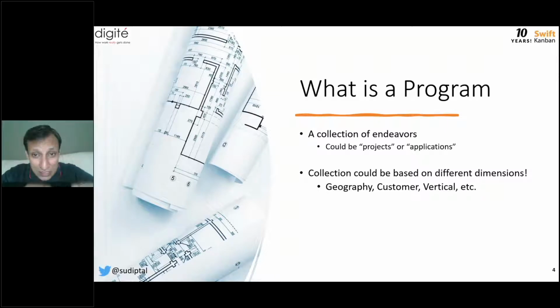And this collection could be based on any specific one or two or multiple dimensions. So you could be handling all the insurance programs across North America. That would mean that you handle all the insurance customers that you have in the North American geography, and that would be a program that goes across multiple dimensions. So a program is nothing but a collection of endeavors grouped together under one or more dimensions.